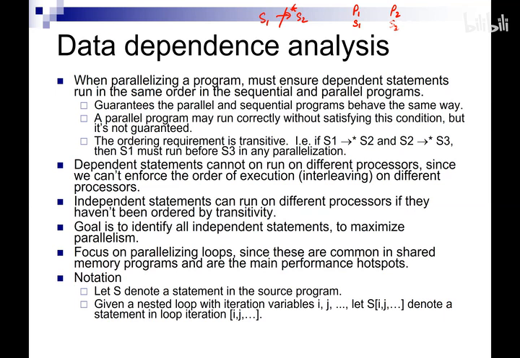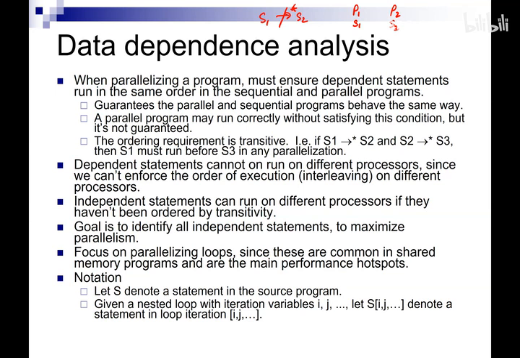We're going to use some notation when talking about loops. For example, let S be a statement in the program. If S is occurring inside of a loop, then the loop has a bunch of iterations and iteration variables. For example, if you have a nested loop, you might have iteration variables i and j.